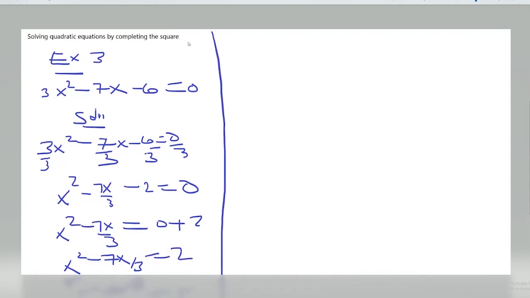Now, split 7x over 3 to 2 sides. Just multiply by a half. Therefore, 2 parts of 7x over 3: 7x over 3 times 2 is 6. So we have 7x over 6 twice. So this will be equal to x squared minus 7x over 6 minus 7x over 6.